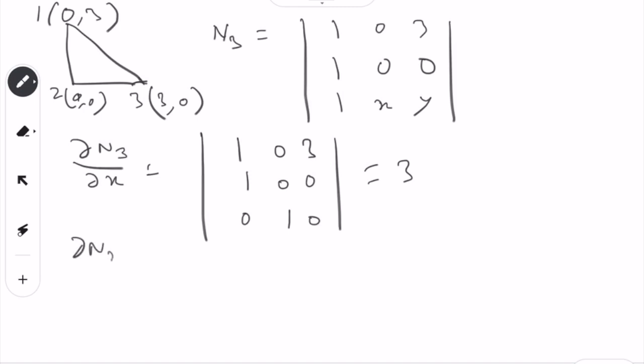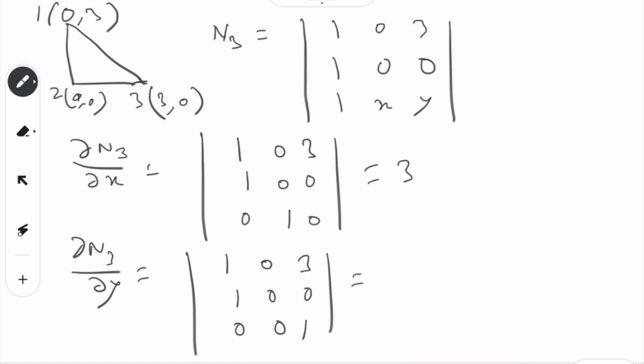Del n3 over del y will be equal to 1 0 3, 1 0 0 and 0 0 1, and what do we get? We get 1 0 0, 0 0 3 0, so we get all zeros, so equal to 0. Yeah. Okay.